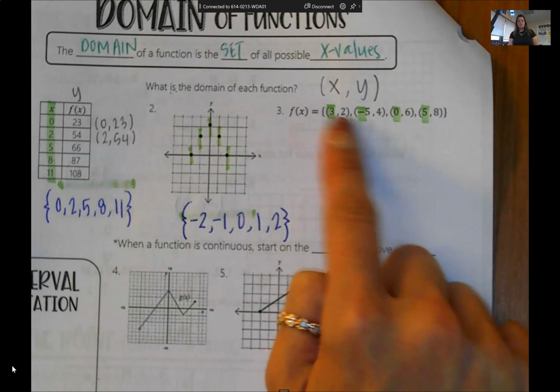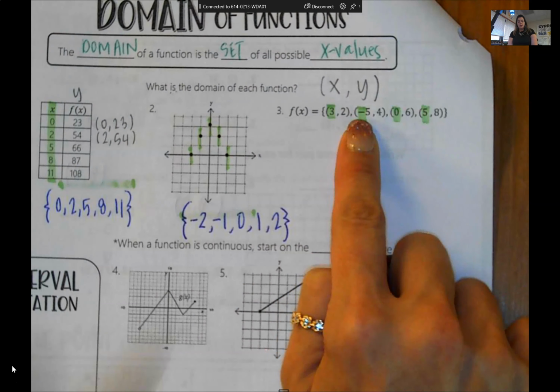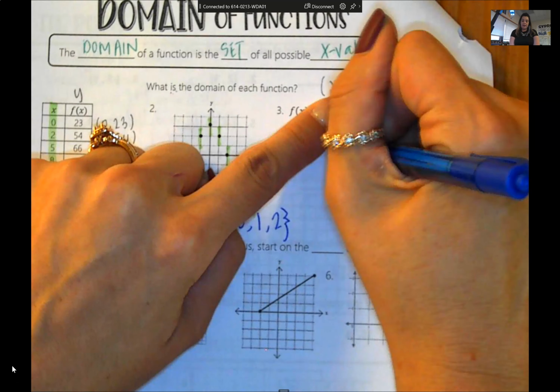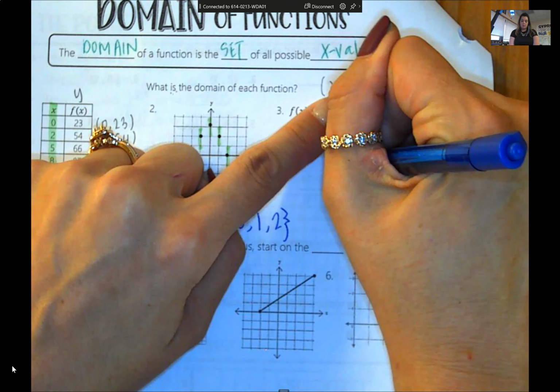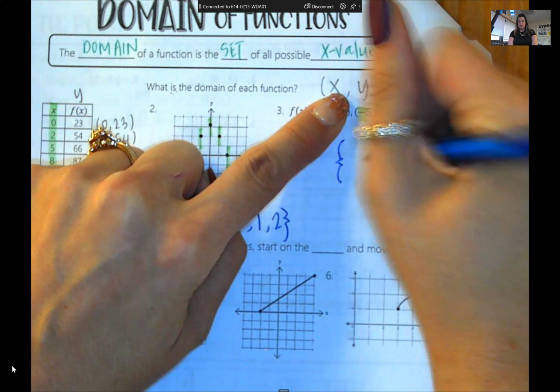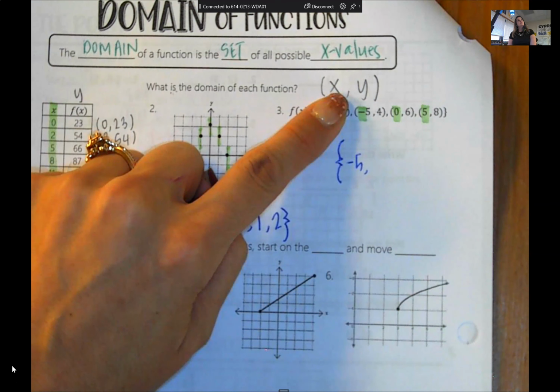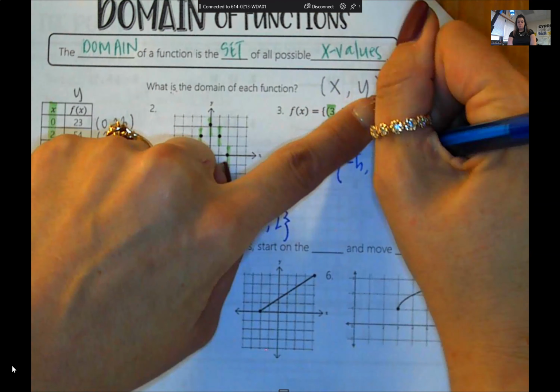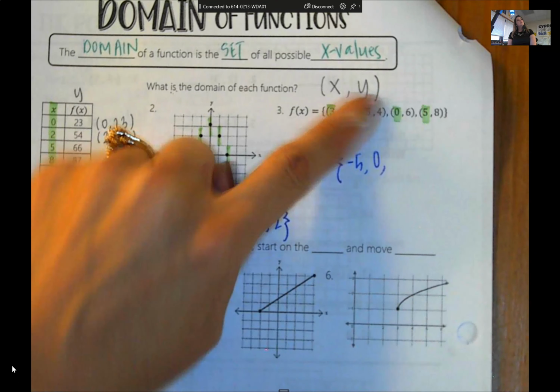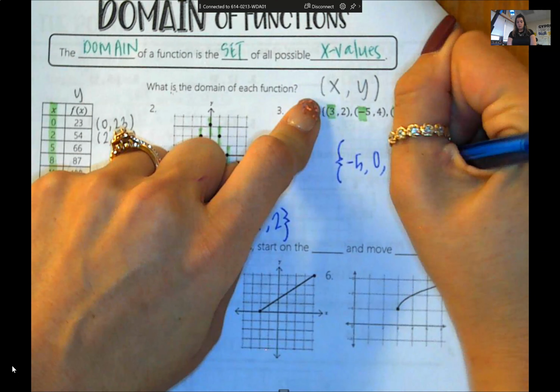So I'm just going to look at these 4 numbers real quick, and I can see that -5 is the smallest. So that's what I'm going to write down first, -5. Then it would be 0, 3, 5.